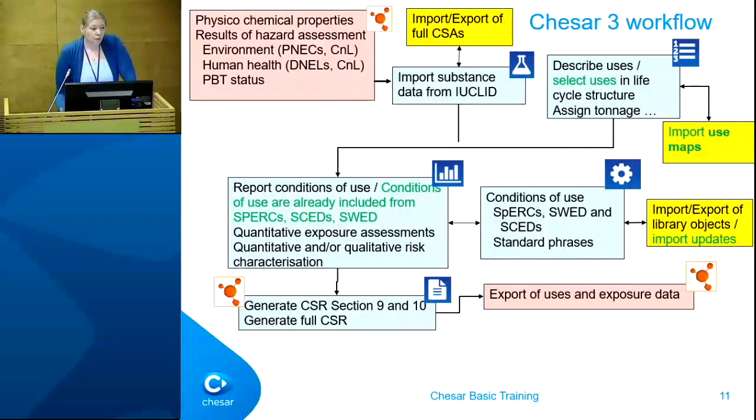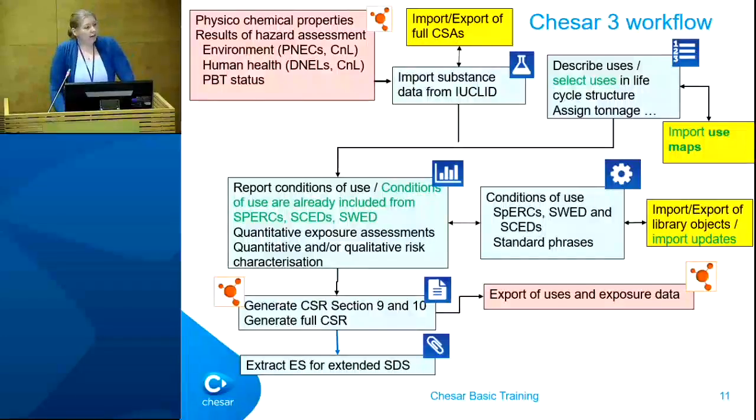And after you have done that, you can generate the full CSR, which basically takes chapters 1 to 8 generated by Euclid and combines them with chapters 9 and 10 generated by Chesar. And of course, not to forget, you have made the chemical safety reports, which you submit to us. But you also need to communicate the results to your downstream users.